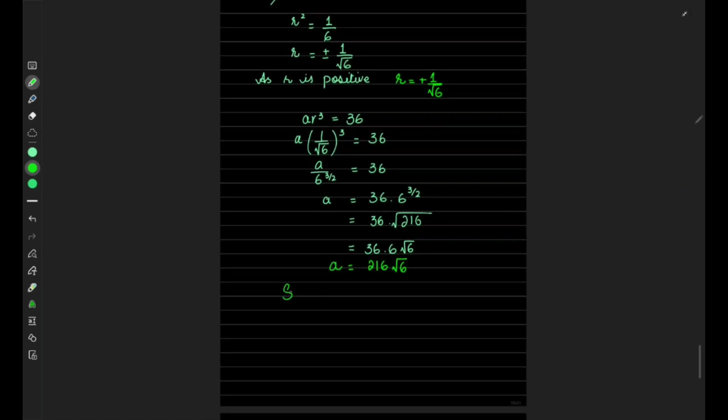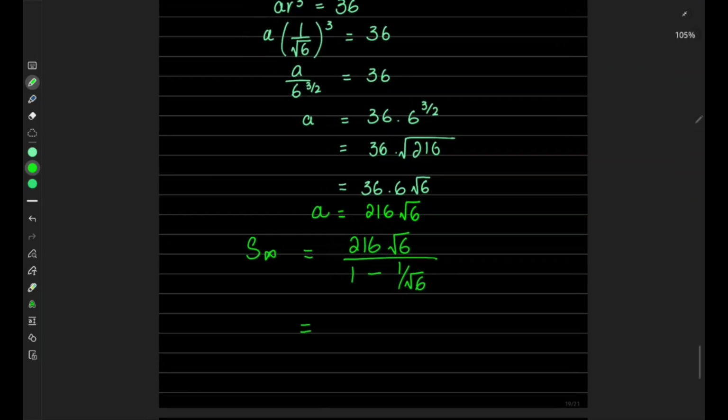So sum to infinity is a over 1 minus r. So 216 root 6 over 1 minus 1 over root 6. Solving this, you don't need to break this square root and get the answer in decimals. Rather, we should stay in the same format.